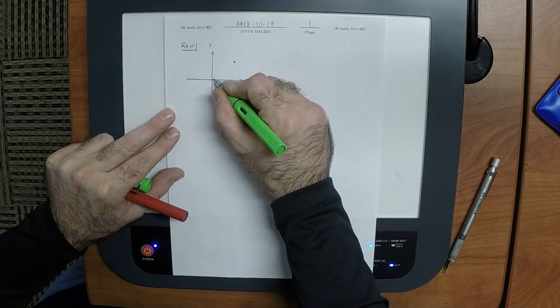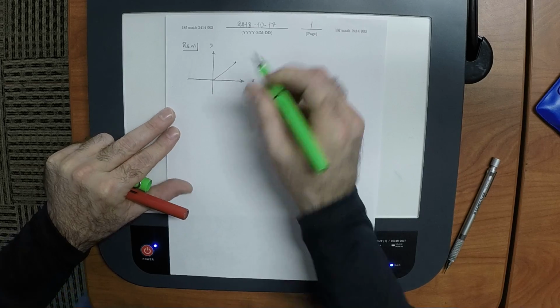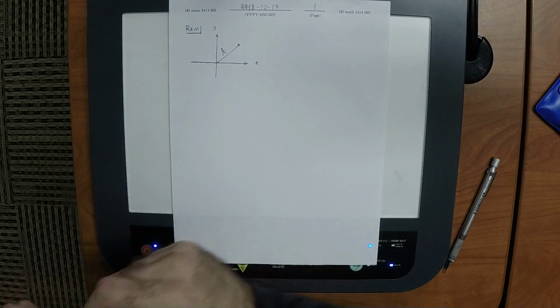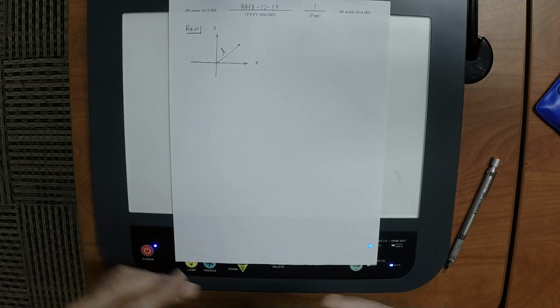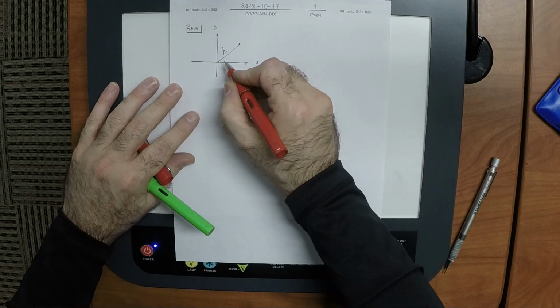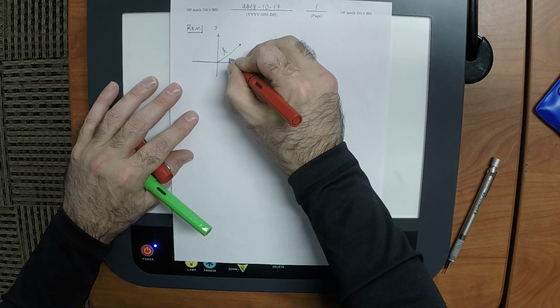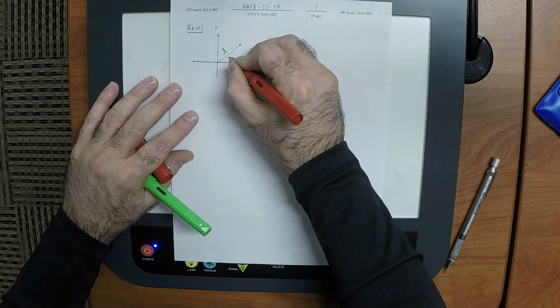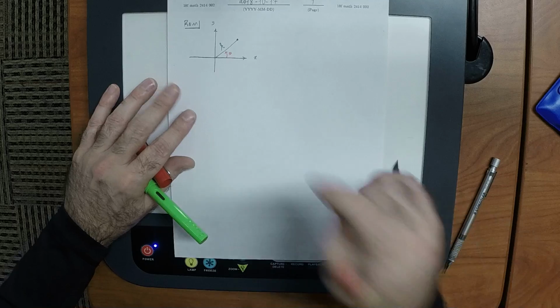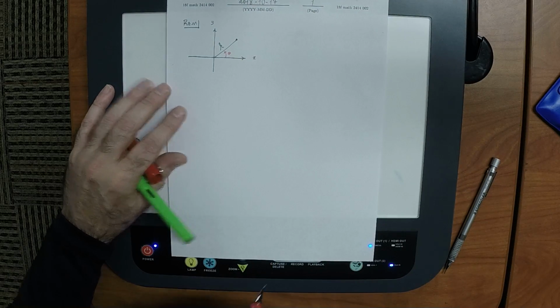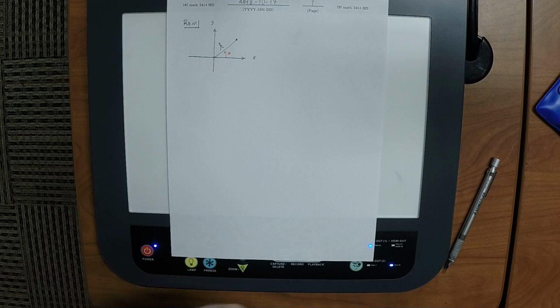Suppose we measure that to be distance r for radius, and suppose also that we measure from the positive horizontal axis to the point in the counterclockwise direction, and we determine that angle is theta. Then in the xy coordinate system, the name of that point is xy, but in the polar coordinate system, the name of that point is r theta.